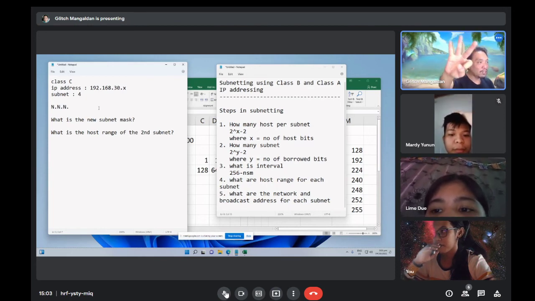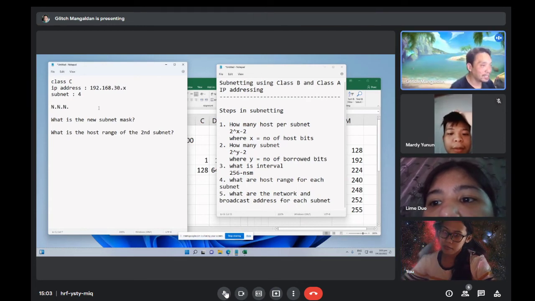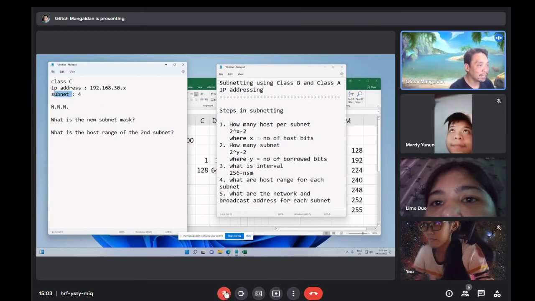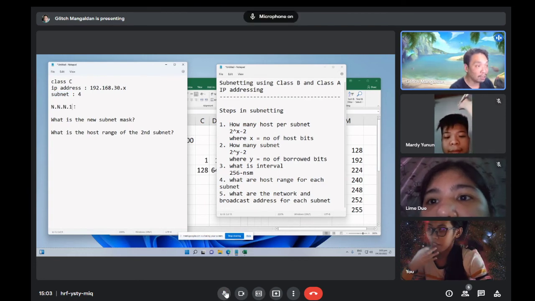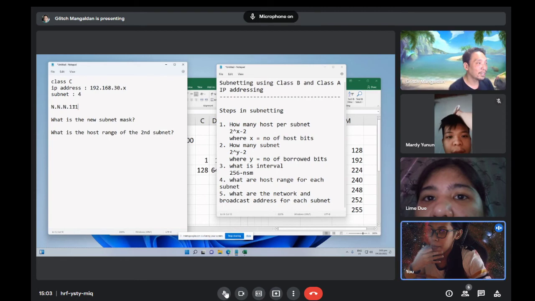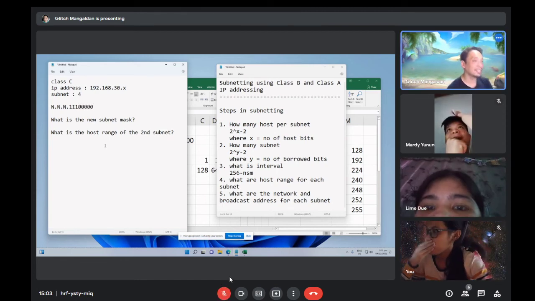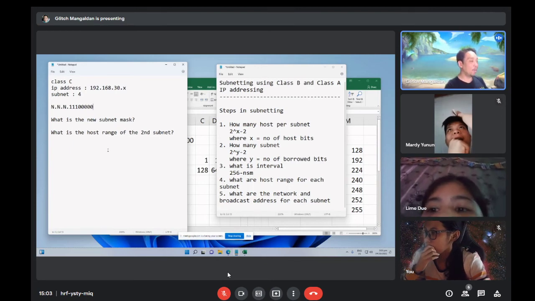Yung 3 na to, host bits or borrowed bits? Borrowed bits. So, subnet yung given eh. Ibig sabihin, meron kang 3 1 at saka ilang 0? 5. Very good. Kasi ang total niyan is 8. Nakuha?